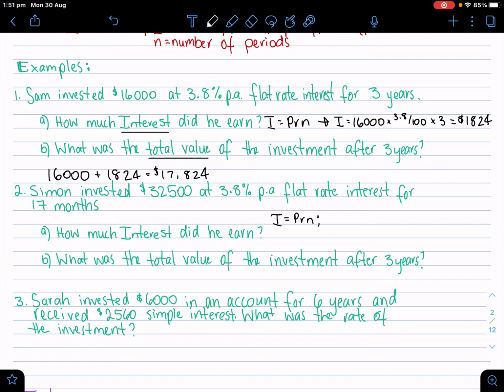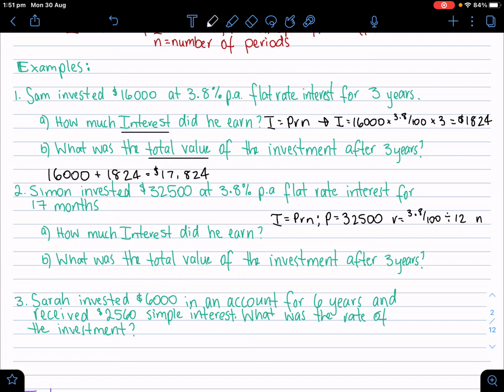And when things are a bit weird, I like to always write what each thing is. So principal in this case is 32,500. Your rate is going to be 3.8 divided by 100 to make it a fraction. But because the rate is per year and our number of periods is in months, I have to make the rate per month as well. So if that's per year, I'm going to divide that by 12 to make that rate per month.